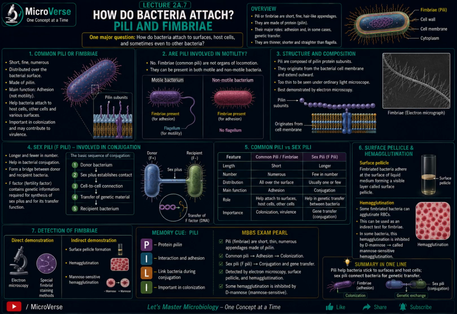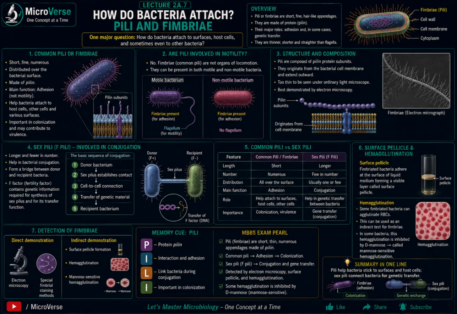One is a donor bacterium carrying the F factor, also called the fertility factor. The donor produces a sex pilus which helps it establish contact with another bacterium, the recipient bacterium. Once the bacteria come into close contact, a connection is established between them, allowing genetic material to be transferred from the donor to the recipient. This process is called bacterial conjugation.